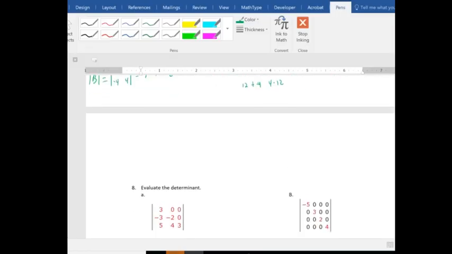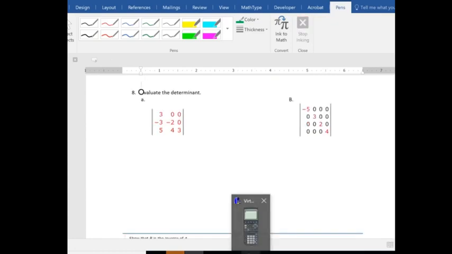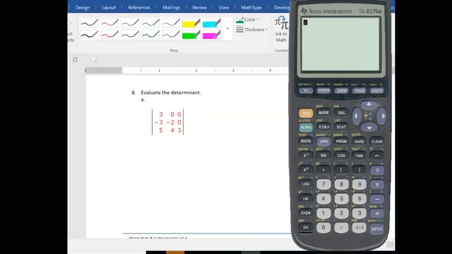So for these here, you could use the calculator, or we can do it by hand. I'm going to enter this into the calculator. So we have 3, 0, 0.